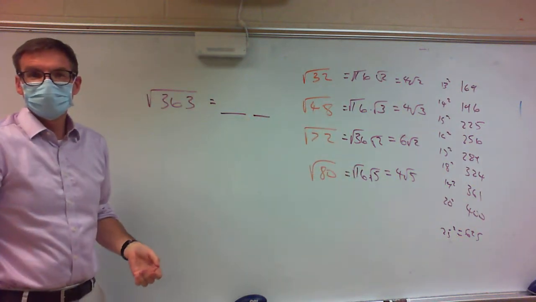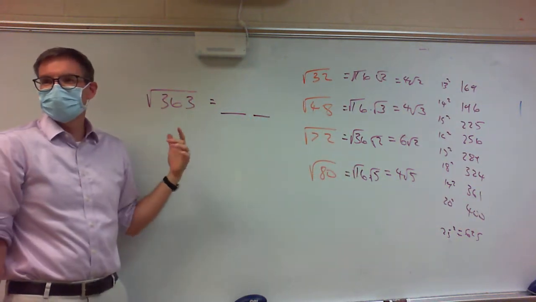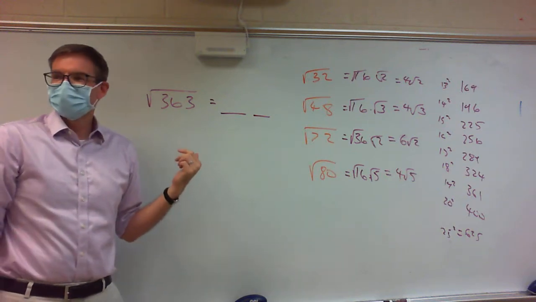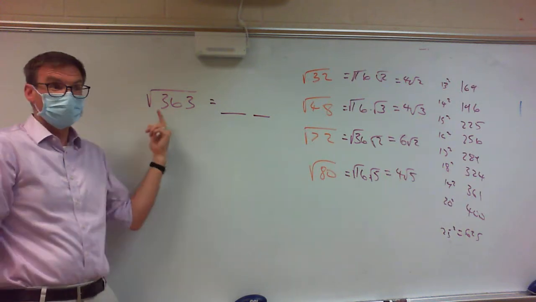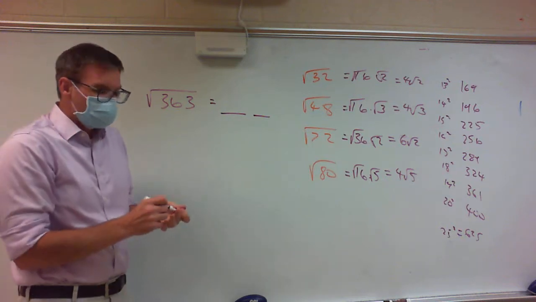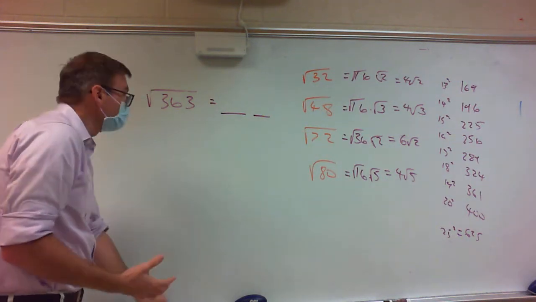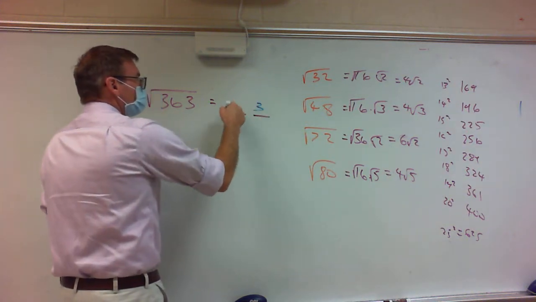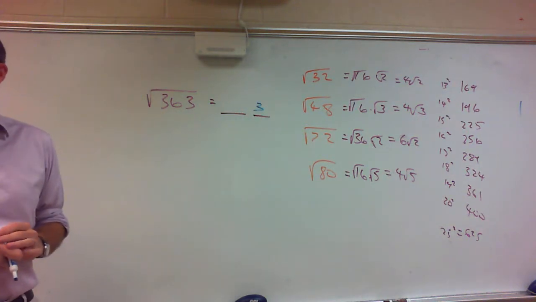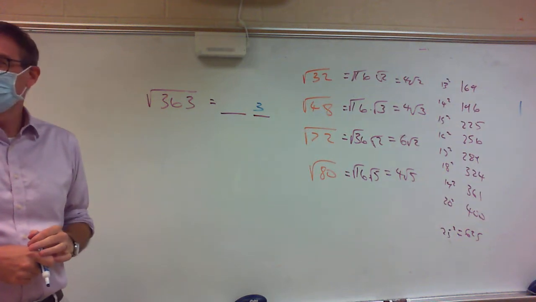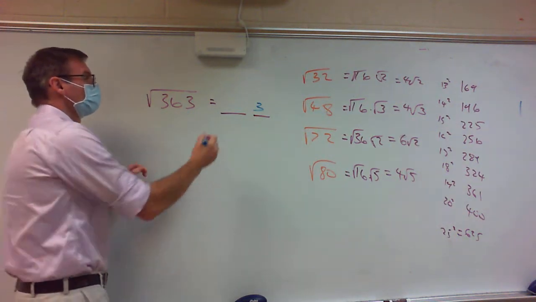If you had to pick a number that goes into this, would you guess 2, 3, or 5? 3, right? Well, look what happens if you say, I don't know what the perfect square is, but I know 3 goes into it. So if 3 goes into it, what's this number? 121.